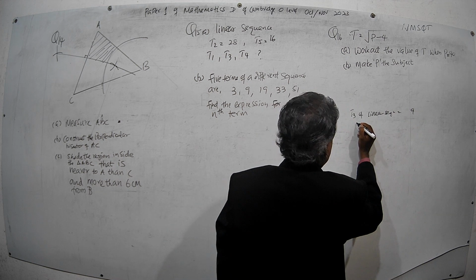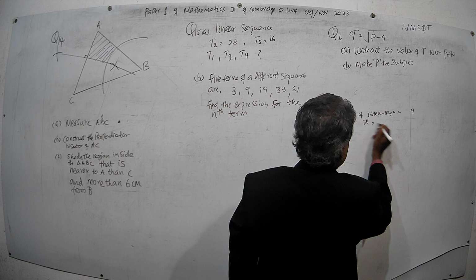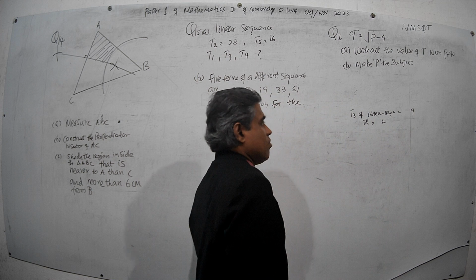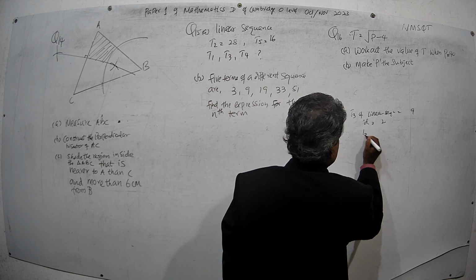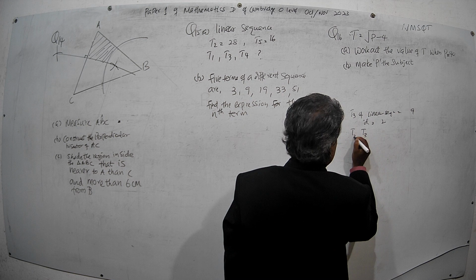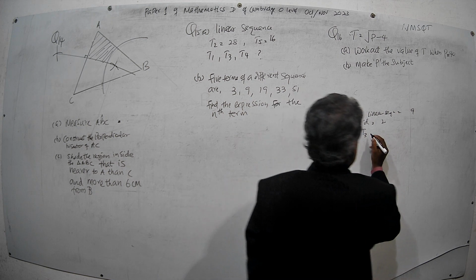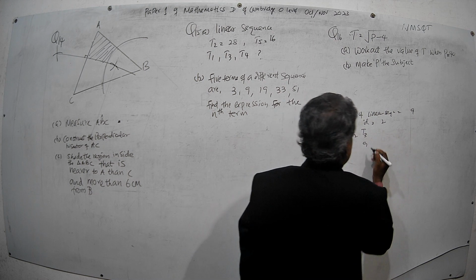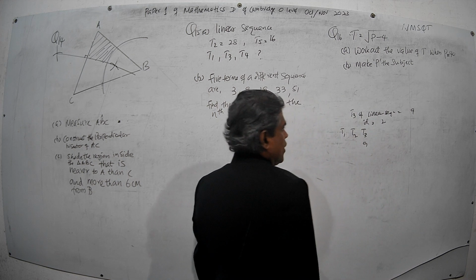They give the common difference, denoted by D, as 2. Then we can write this sequence. T3 is 9, and the common difference is 2.